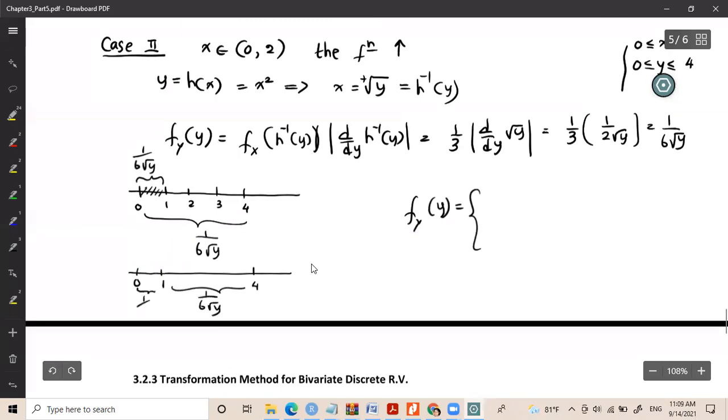Remember, this is the probability that you have in all the intervals. Depending on the value of y, the probability will change, but this is the function. Now, what do you see? Within the interval 0 to 1, you have 1/6 square root of y two times. So that means you have to add these together, because in the 0 to 1 interval, you have the probability coming from case 1 and also from case 2.